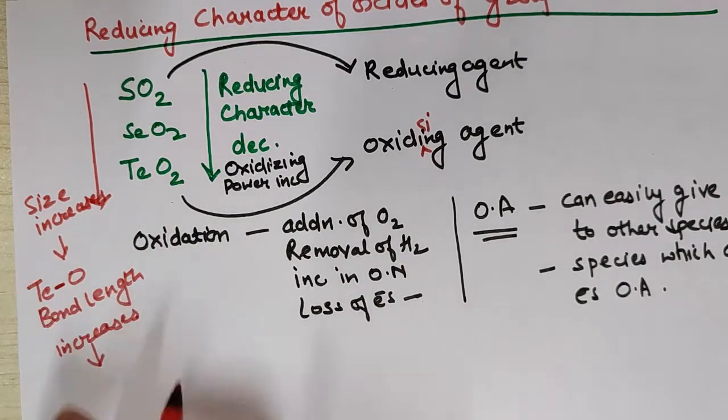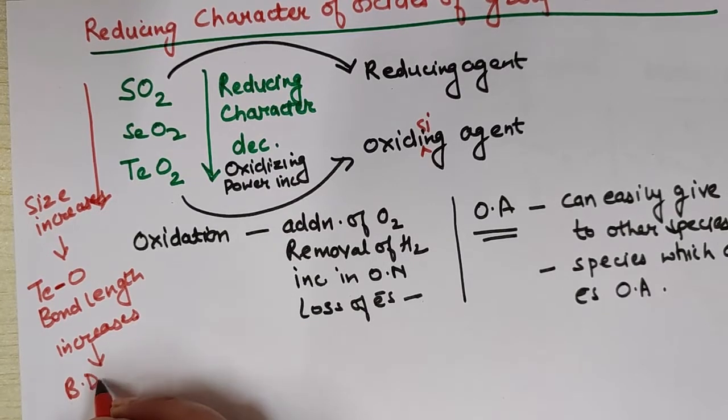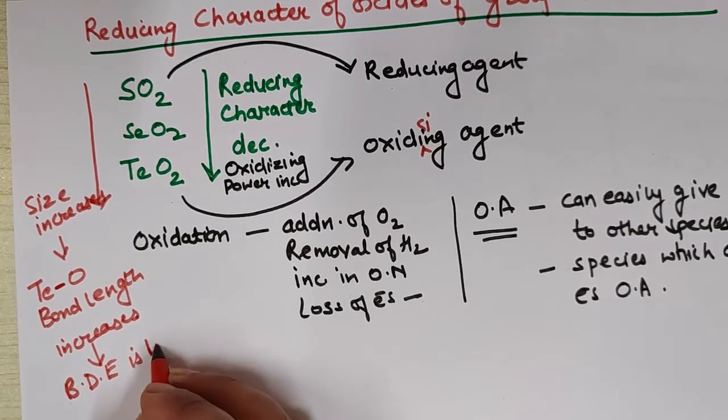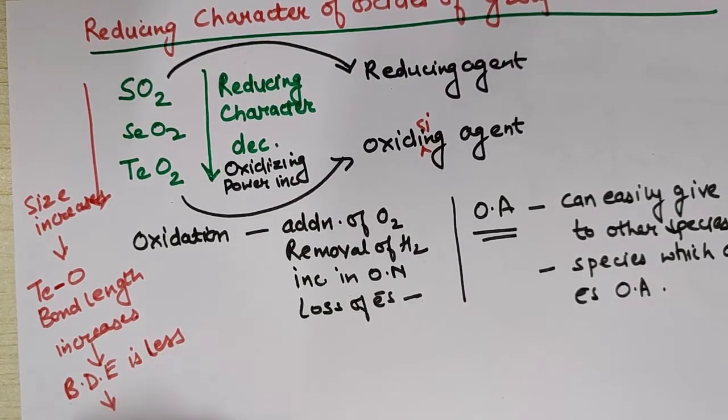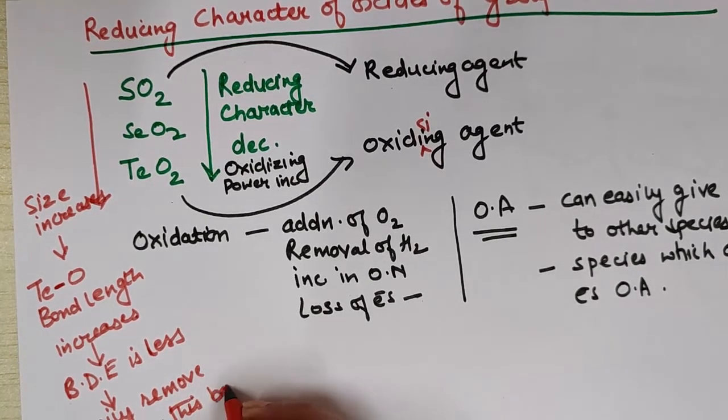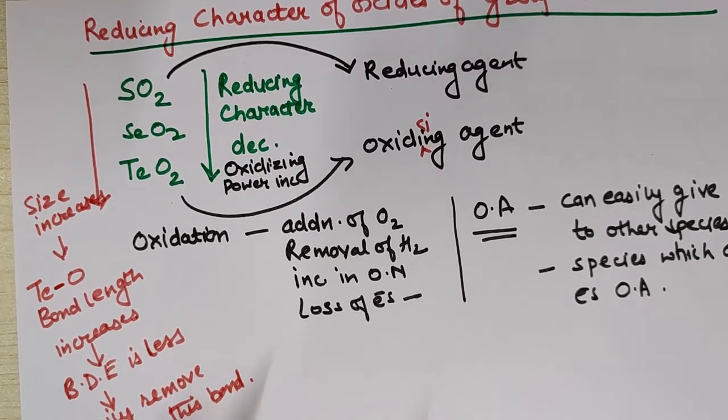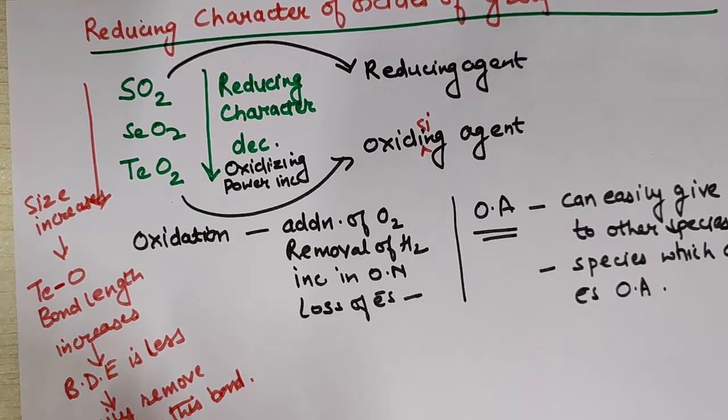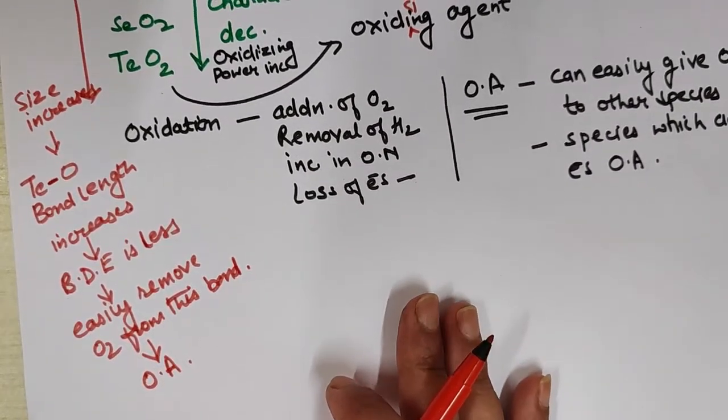We can easily break this bond. So bond dissociation enthalpy is less here, and we can easily remove oxygen from this bond. Because this can easily release oxygen, it oxidizes the other species, and therefore it behaves as an oxidizing agent.